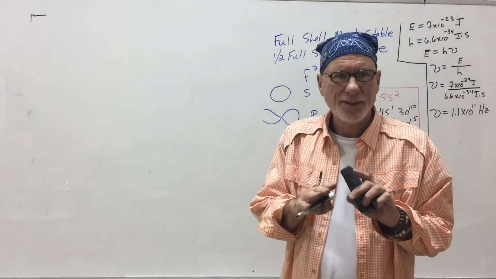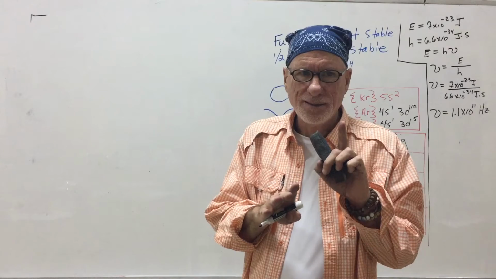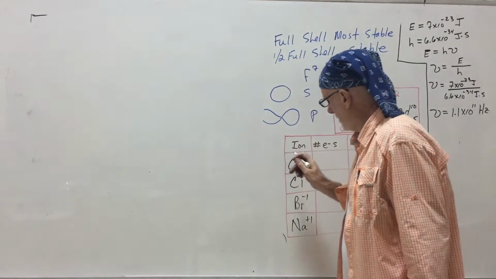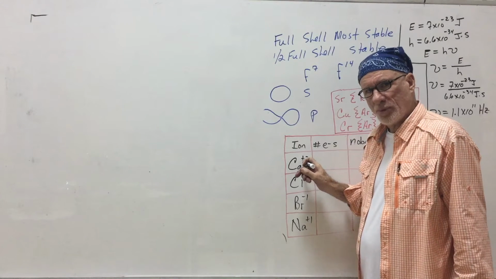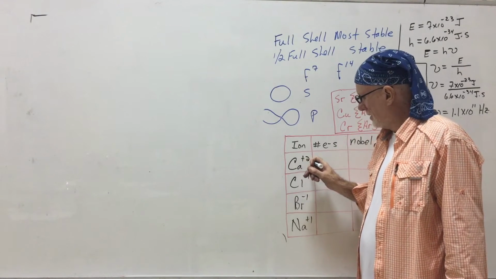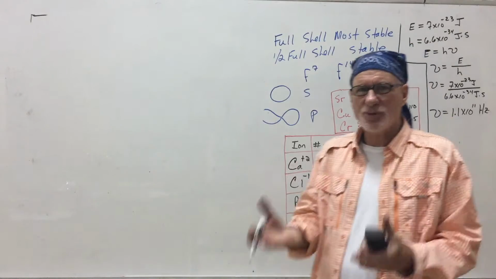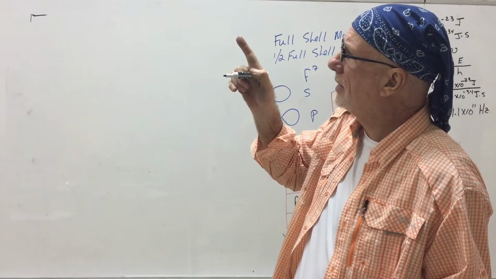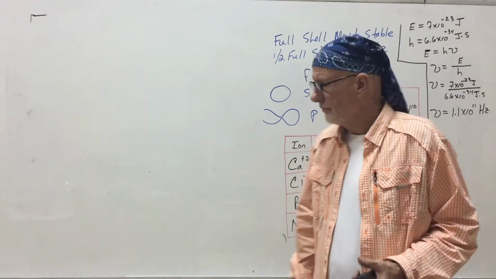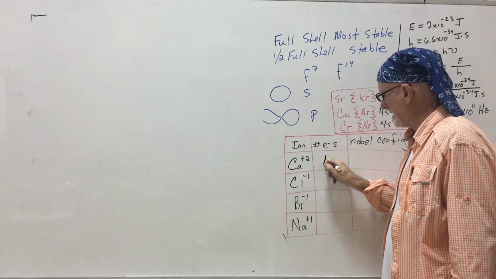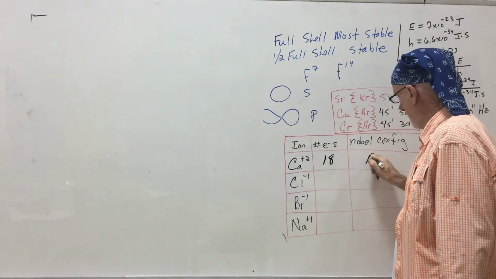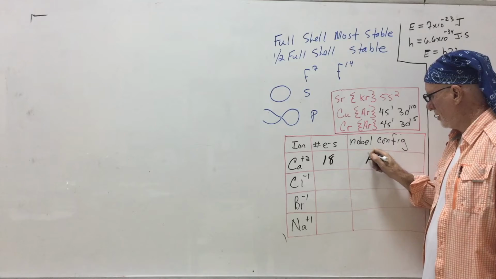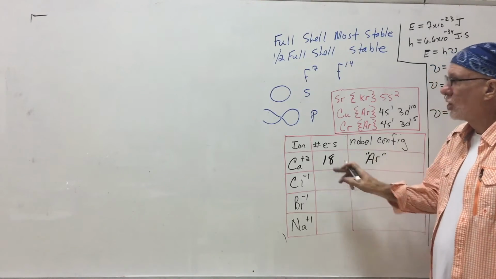Well, it's not ground state. It's not protons equals electrons. We know this has 20 protons, but it's going to give up 2 electrons to be like the nearest noble gas, which would be argon. So this has 18 electrons, and it would be like argon. That would be the quote-unquote noble configuration.